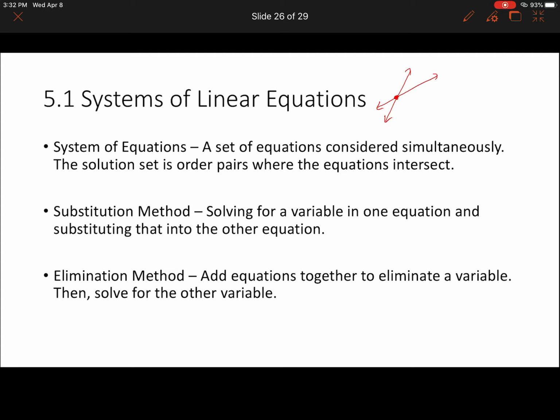When we do, one variable is going to be eliminated, and you'll solve for the other. Then you'll put it back into one of the original equations and solve for the other variable. So every one of these is going to have a solution that is an ordered pair. Okay, so just understand that. We're looking for an ordered pair for our solution.